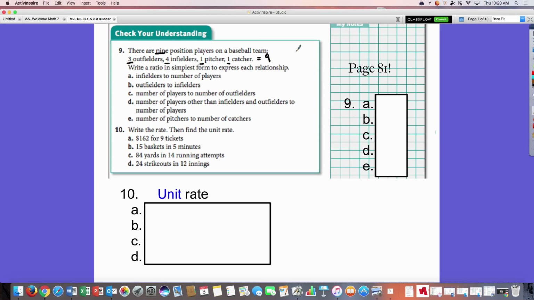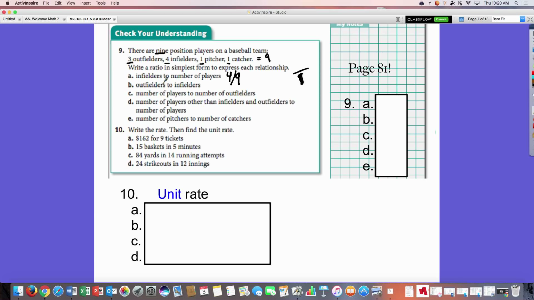So what's the denominator in our fraction going to be? 9, right? Oh, sorry. Only if we're talking about the whole team. Skip that. Infielders to number of players. Well, how many infielders are there? 4 out of 9, right? 4 out of 9.